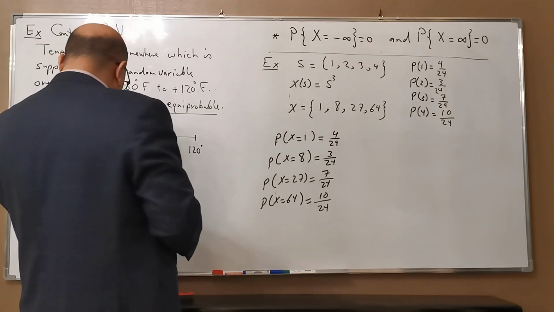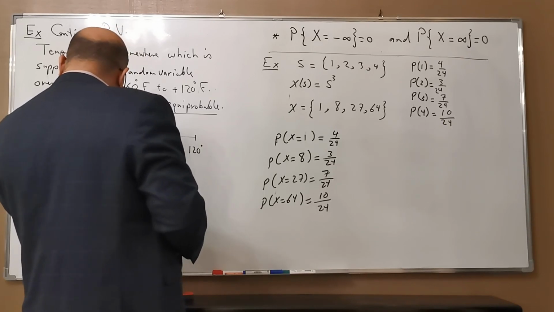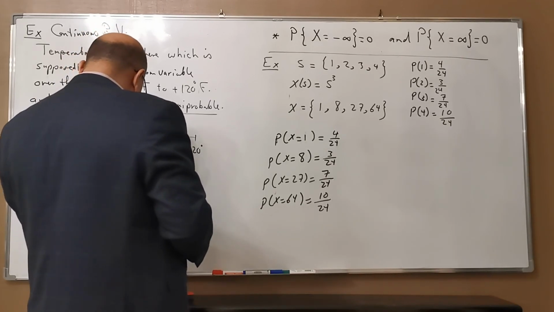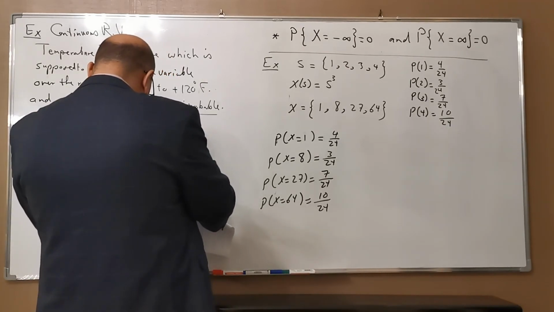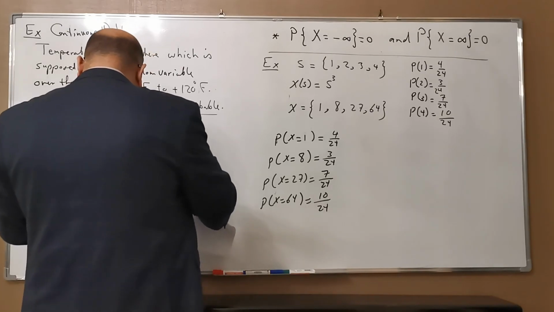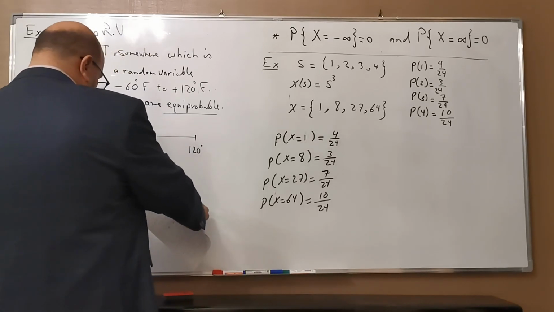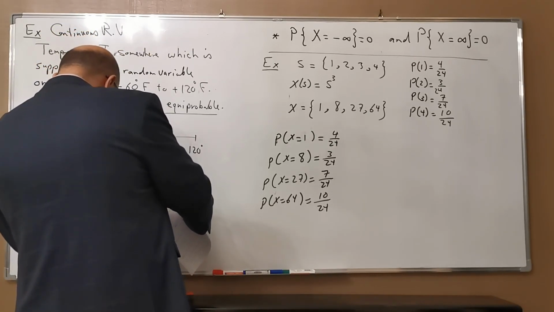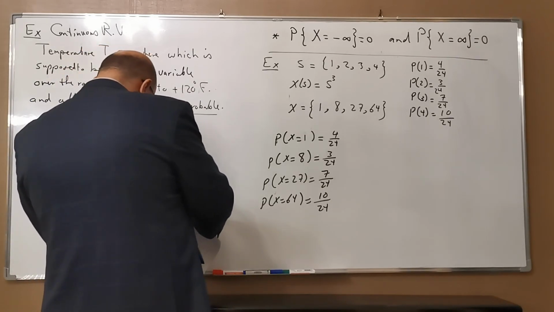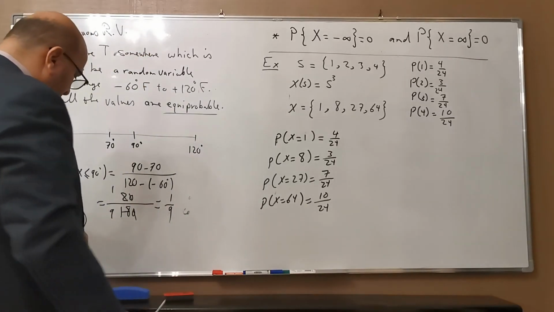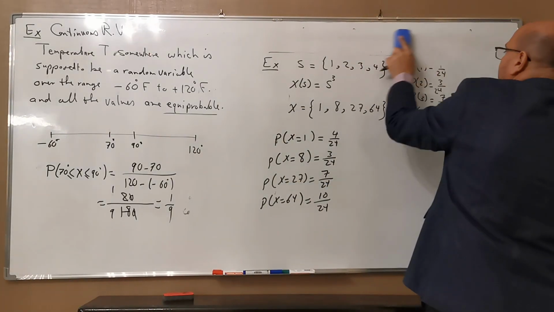So this is 90 minus 70 divided by 120 minus minus 60, so it's plus 60. So 90 minus 70 is 20 divided by 180. So it's equal to 1/9. Okay? So the probability is equal to 1/9.